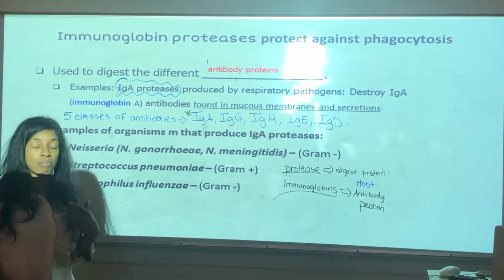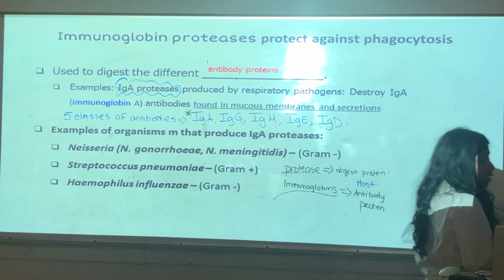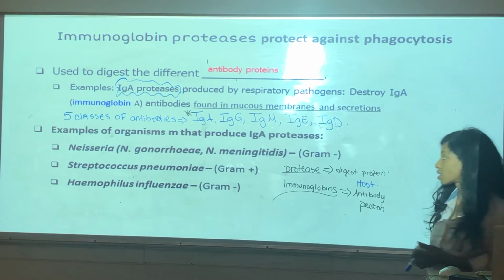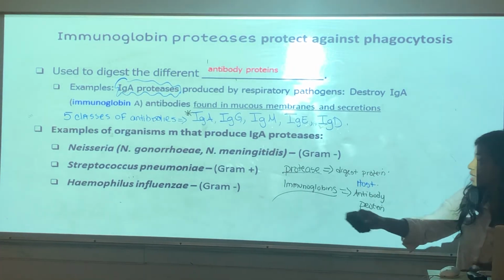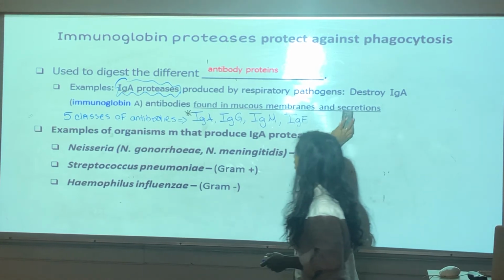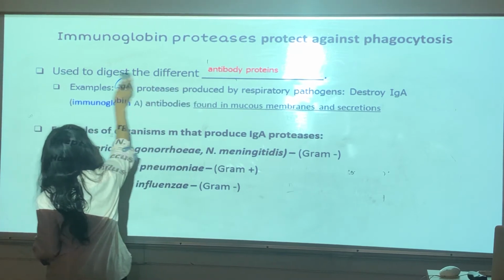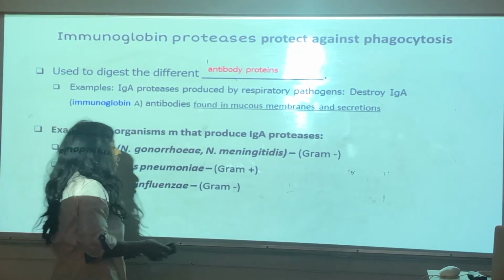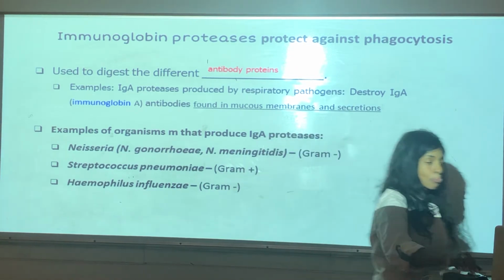They all make IgA proteases, and this is what allows them to invade and survive in these areas of the mucous membrane. Again, IgA proteases are going to protect the foreign invader against the immune system of the host, and this will allow them to survive for a longer period of time.